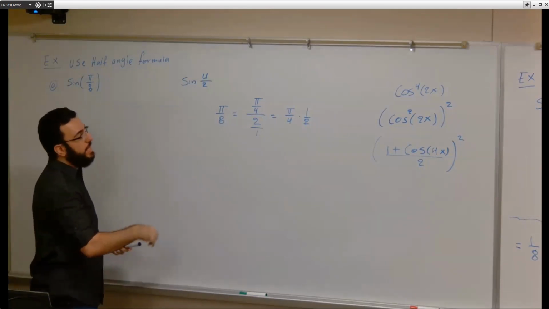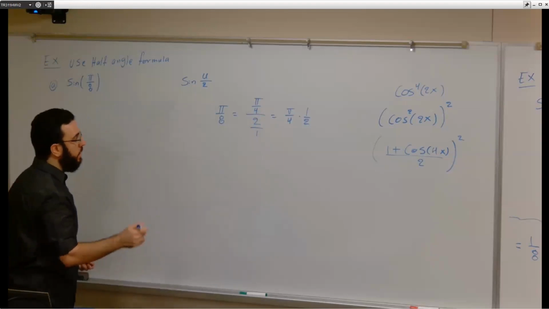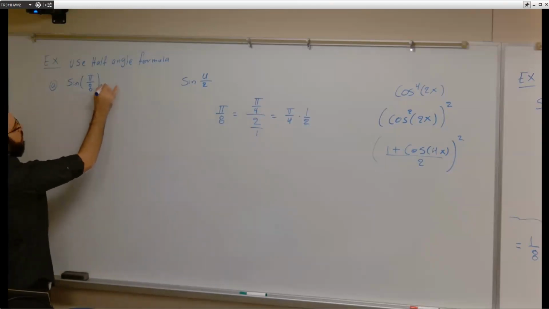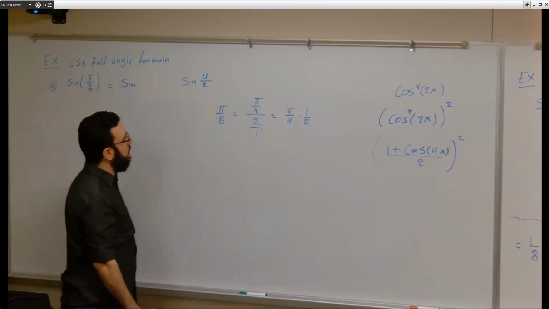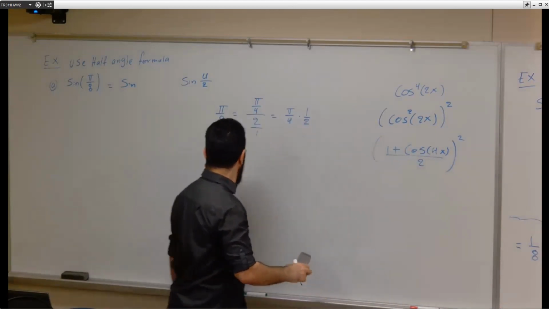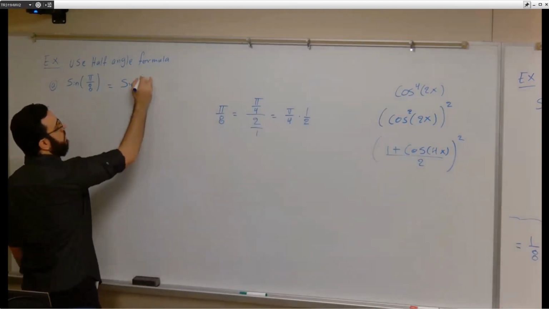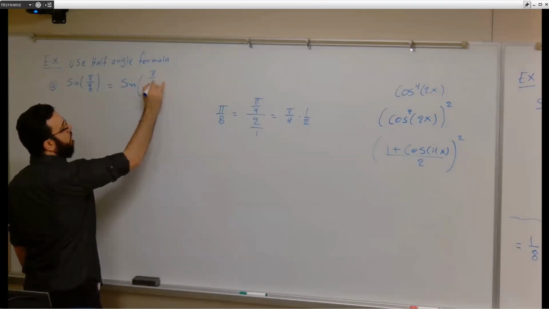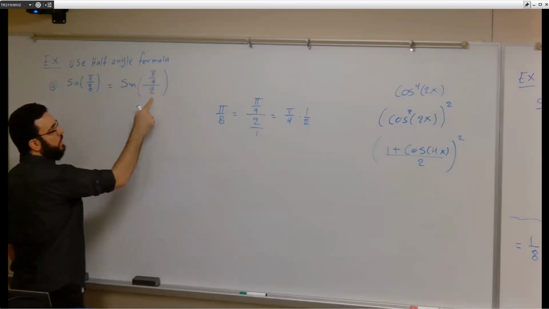So can I write pi/8 as pi/4 divided by 2? That means this one is equal to sine of pi/4 divided by 2. So here is the angle u divided by 2.